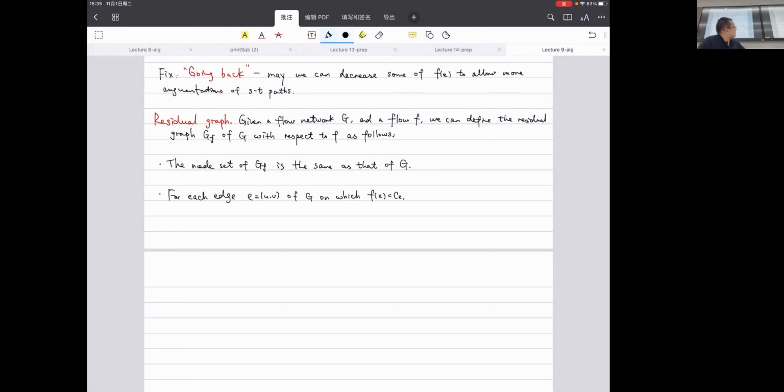f_e is strictly smaller than c_e. This suggests that this is an edge along which we can put some further flow. So we want to include such edges.